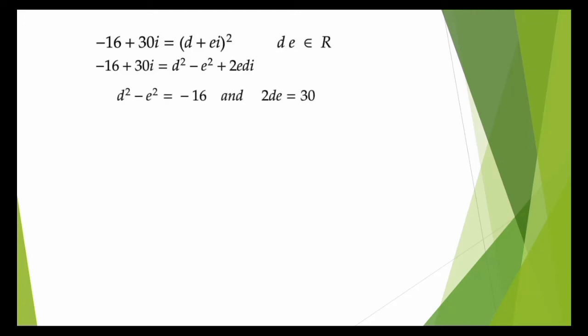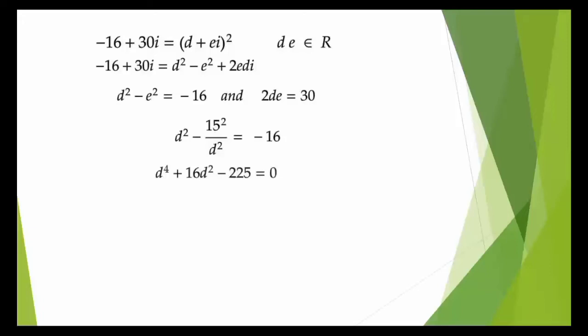In order to solve these two equations, we can plug the value of e into the first equation and we'll obtain d square minus 15 square upon d square equals minus 16. After solving this further, we get a fourth degree equation, d raised to the power 4 plus 16d square minus 225 equals 0.